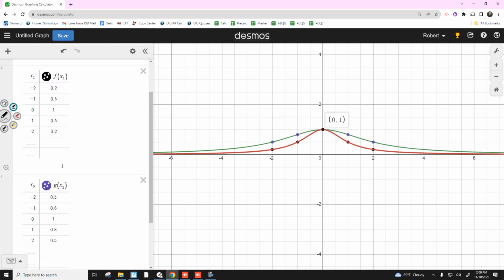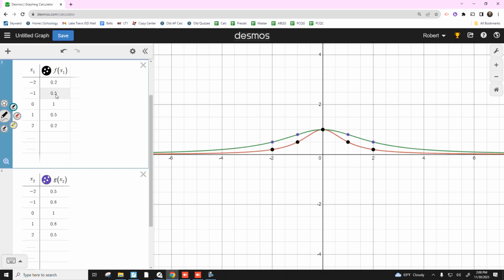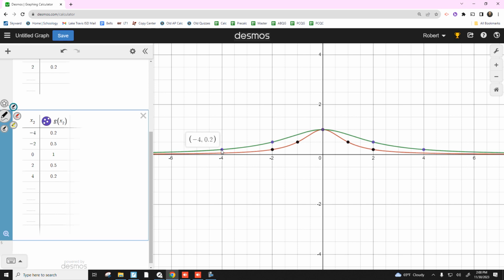And I can show you the points with y values 0.2, 0.5, 1, 0.5, 0.2 by plugging in -4, -2, 0, 2, and 4. There you go. This point, -4, 0.2, corresponds to that point, -2, 0.2.